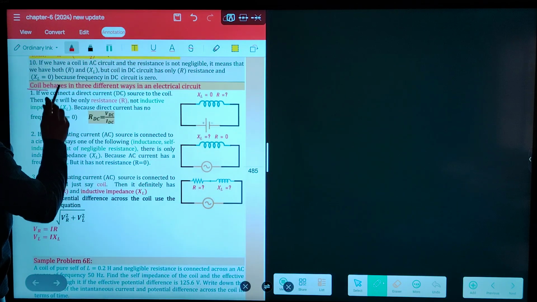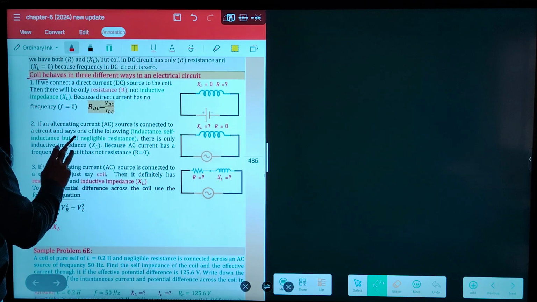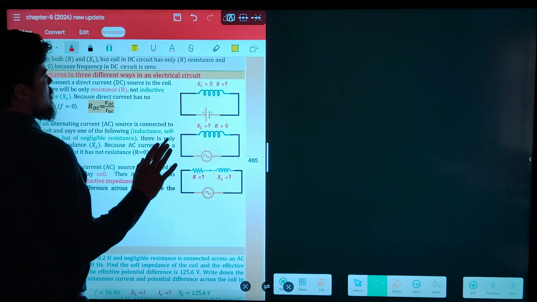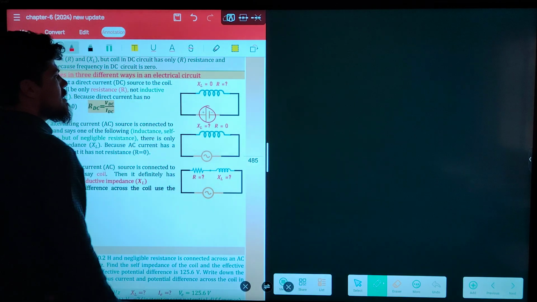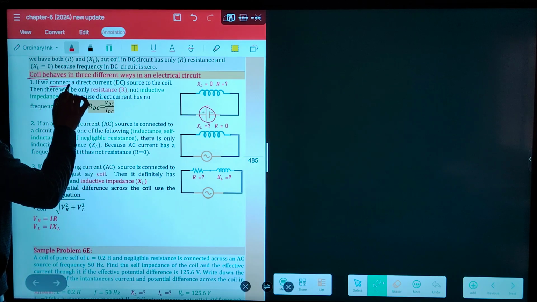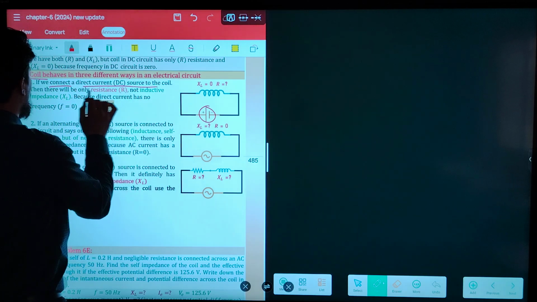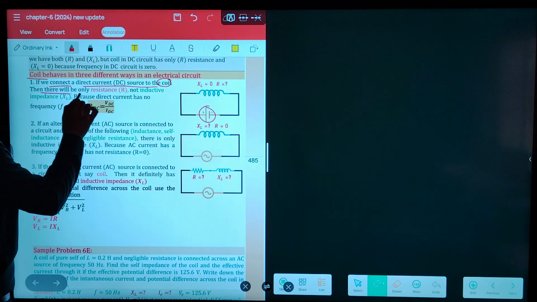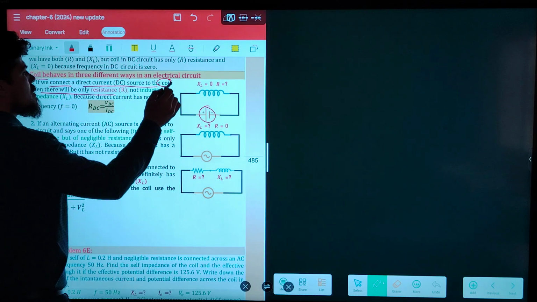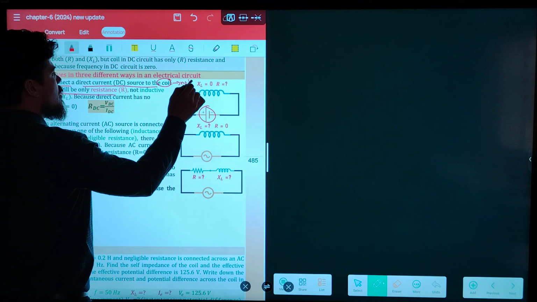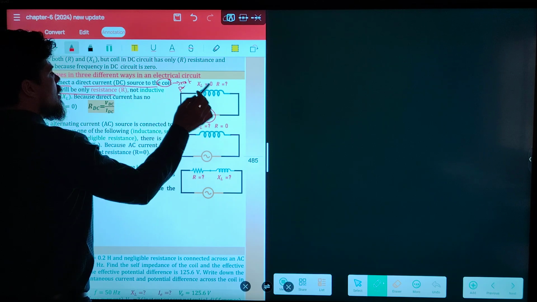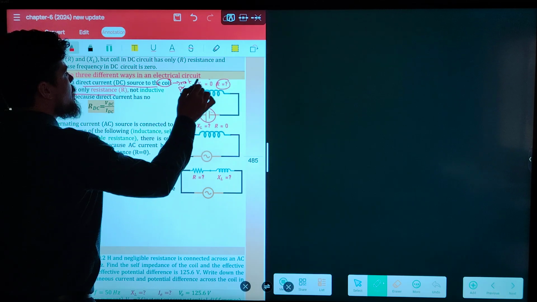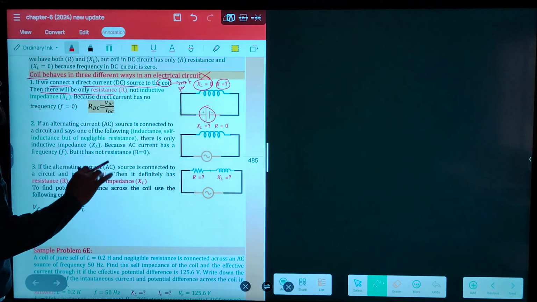Guys, look at this note. A coil behaves in 3 different ways in an electrical circuit. What is the source? DC. If we connect a direct current DC source to a coil and the coil is not pure, then there will be only resistance, not inductance. If the coil is not pure, we have only resistance, but we don't have XL.